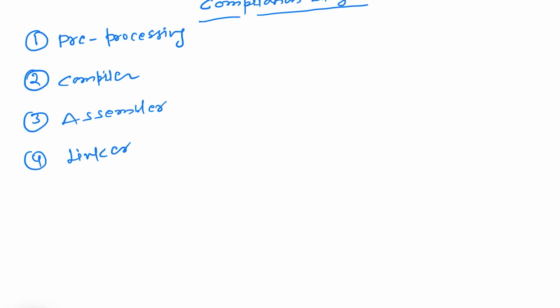So basically, what happens in pre-processing is that whatever header files and macros we are having are added and replaced in the code. Okay, and how can you check the pre-processing? You can simply use the -E flag.